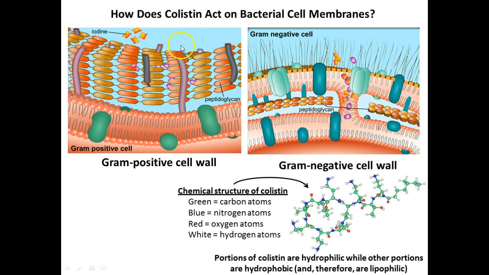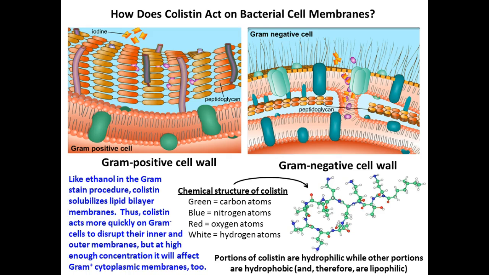It loves membranes, so it's really attracted to these membranes and helps distort them. So like alcohol, remember that affects membranes, so does colistin. So gram-negatives are very susceptible to this. Too high, though, you're going to damage your gram-positives too.